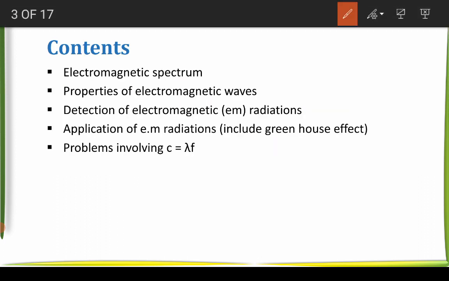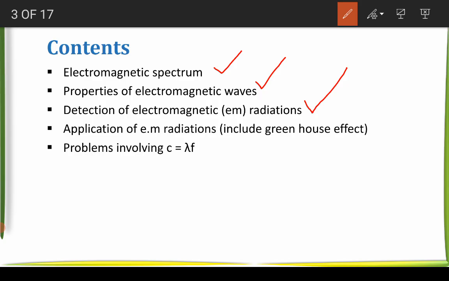Specifically, we are going to look at the electromagnetic spectrum, as I said. The electromagnetic spectrum is made up of what are called electromagnetic waves. So we'll talk about their properties. Then we'll discuss how electromagnetic waves can be detected. There are different methods of detecting electromagnetic waves or radiations. So we'll discuss them.